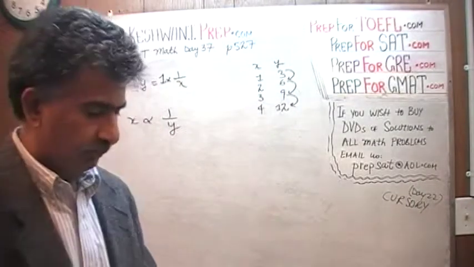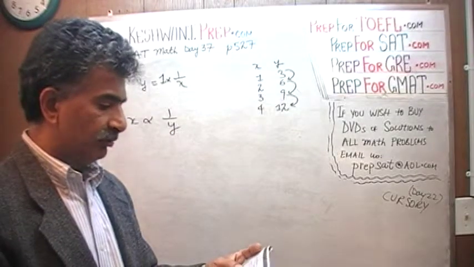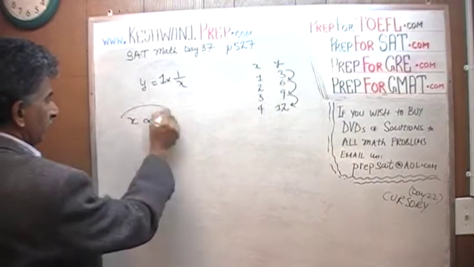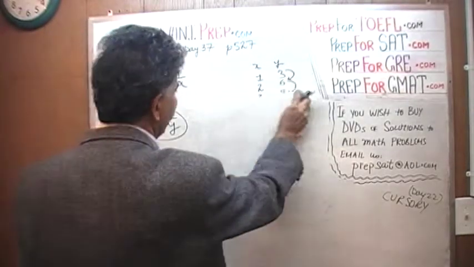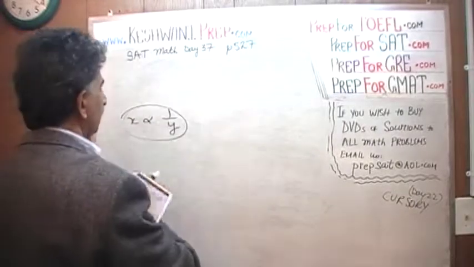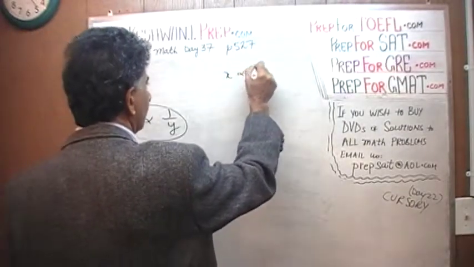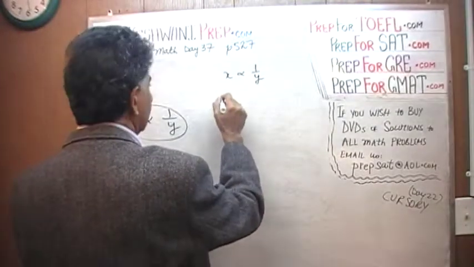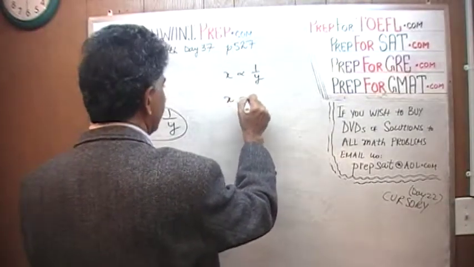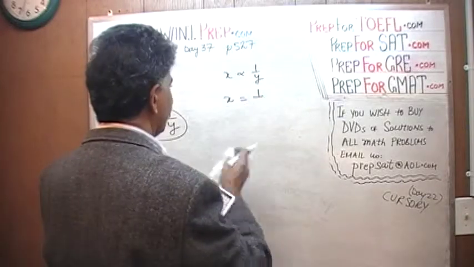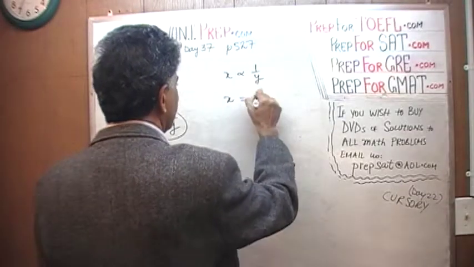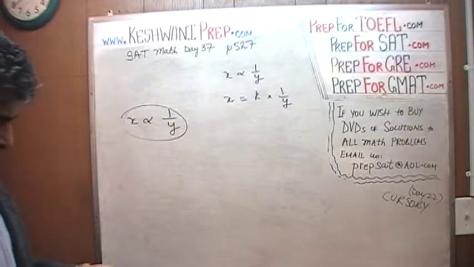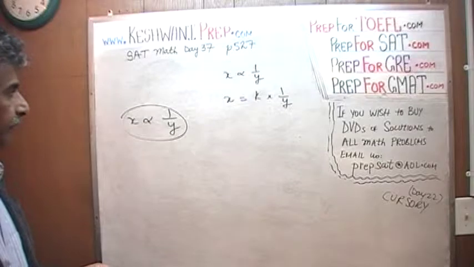We are told that x is inversely proportional to y. So this is the equation that we start out with. Let's erase this part from the past. So x is inversely proportional to y, which simply means that x must equal some constant k times 1 over y.